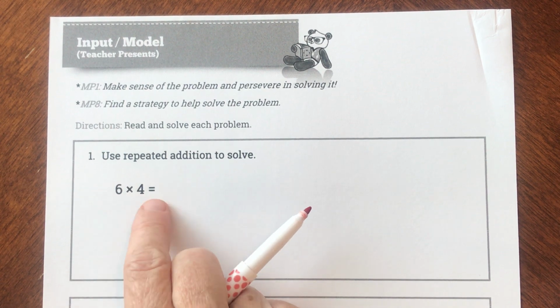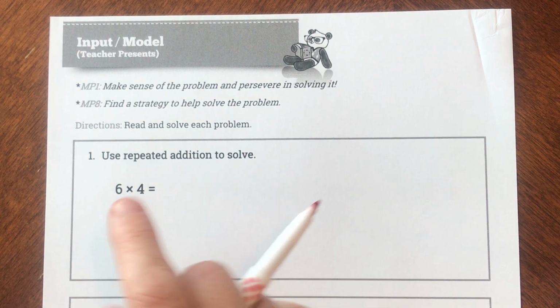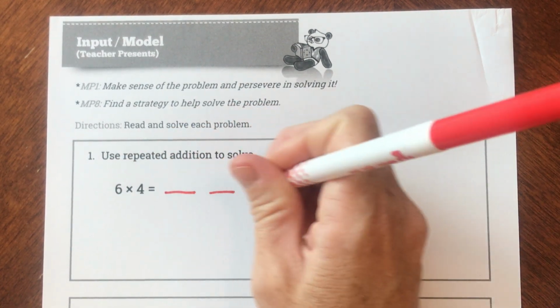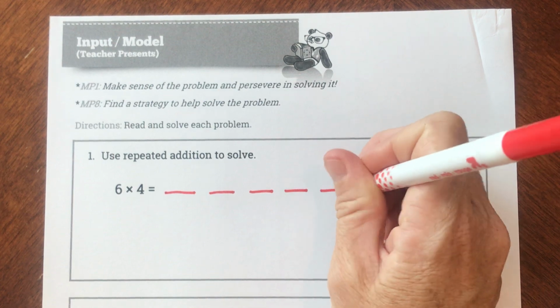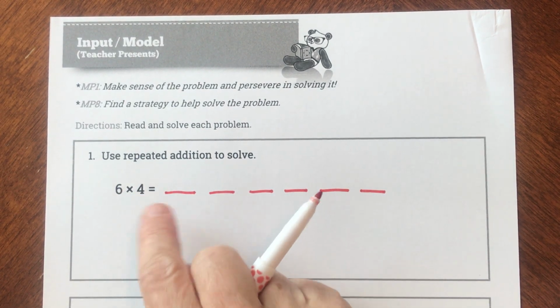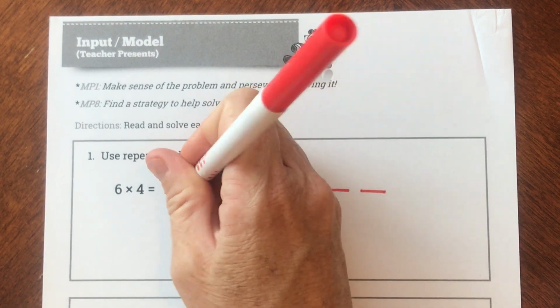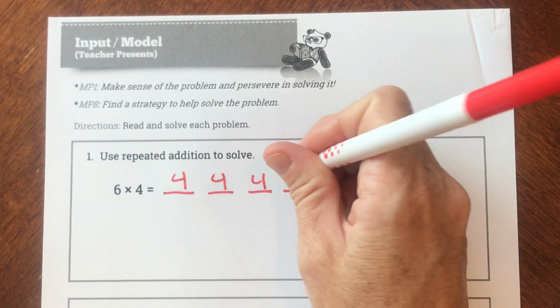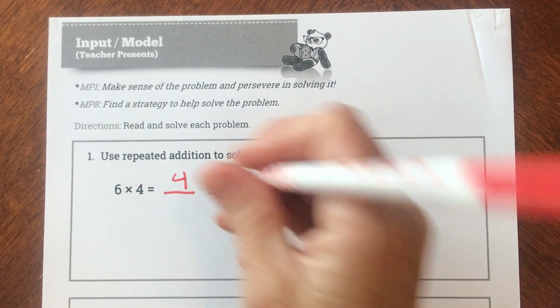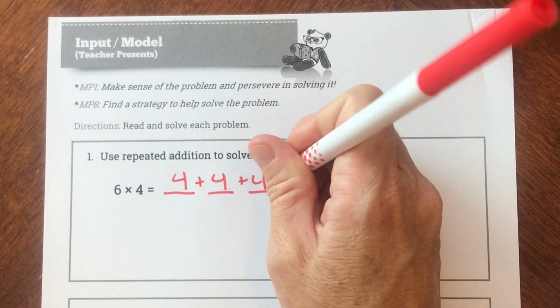That's what I have, 6 groups of 4. So the 6 is how many spots I'm going to have. 1, 2, 3, 4, 5, 6. This factor is what I have. 1, 2, 3, 4, 5, 6 groups of 4. And I'm going to be adding those.